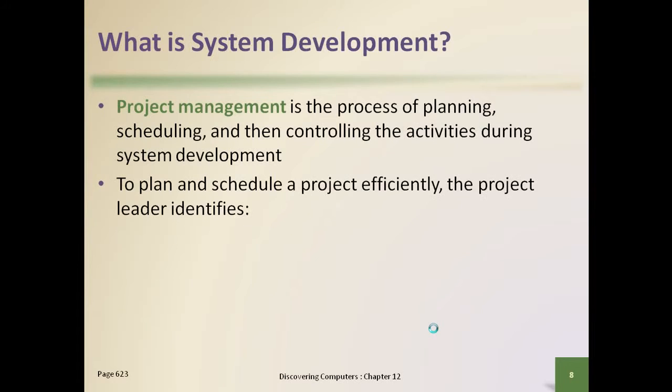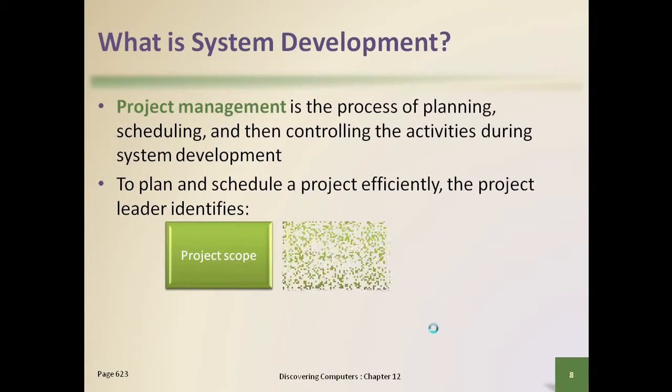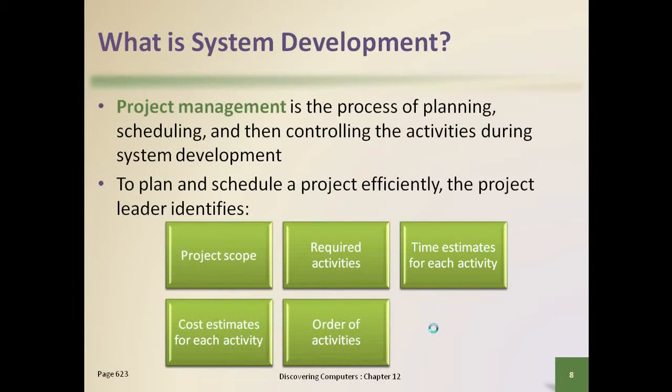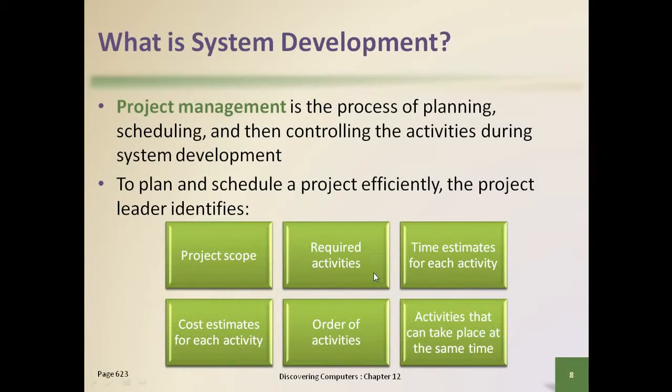Project management is the process of planning, scheduling, and controlling the activities during system development. To plan and schedule a project efficiently, the project leader identifies project scope, required activities, time estimate for each activity, cost estimate for each activity, order of activities, and activities that can take place at the same time.